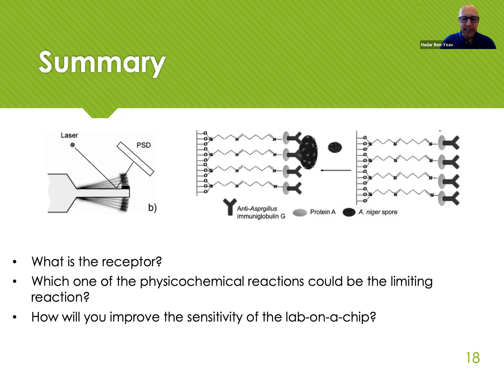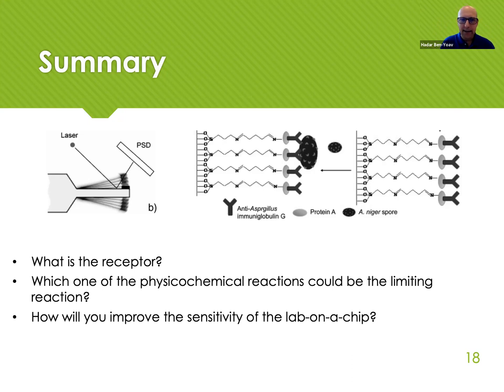Which one of the physicochemical reactions could be the limiting reaction? Okay, so you remember at the beginning of the class, we talked about the limiting reaction. And the first part is looking at what kind of reactions we have. So we have diffusion of the spore towards the antibody.